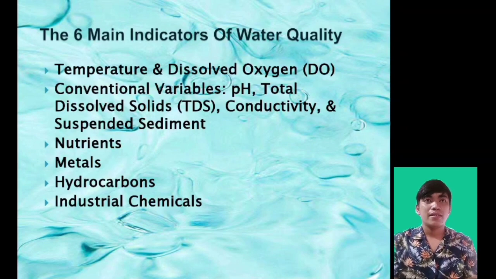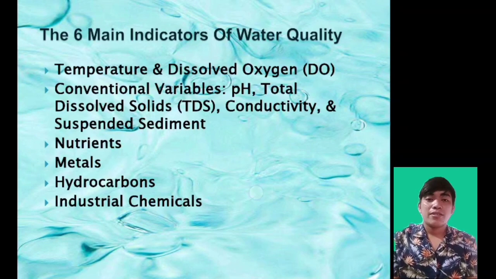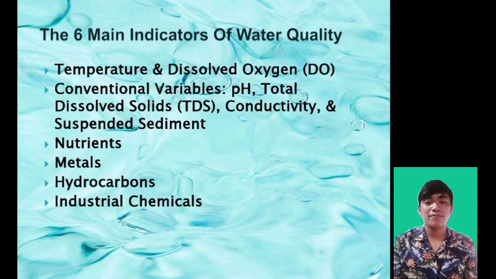So here are the main indicators of water quality: temperature and dissolved oxygen, conventional variables, pH, total dissolved solids or TDS, nutrients, metals, hydrocarbons, and industrial chemicals.